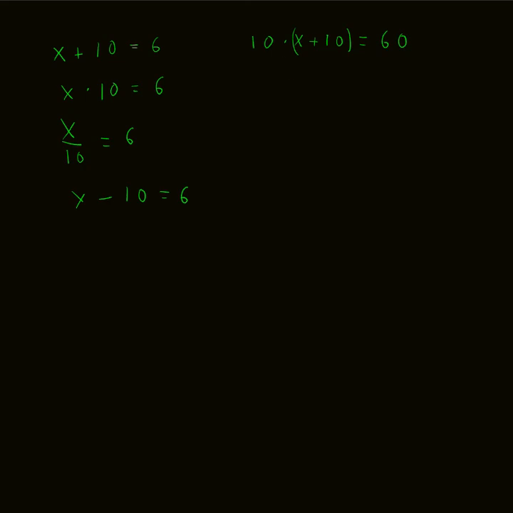So if I do this, then I can distribute my 10 through, and I get 10x plus 100 equals 60.